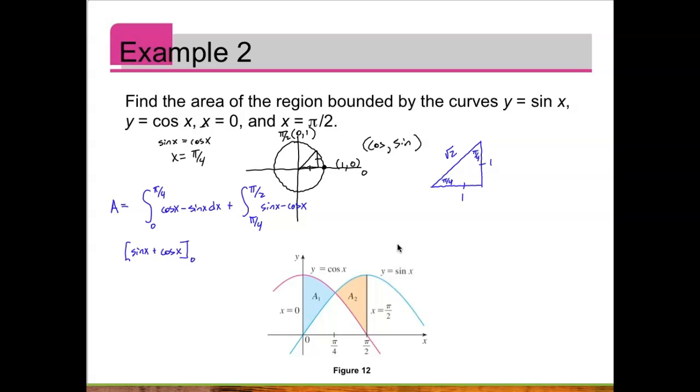And that's 0 to pi over 4. All right, and then the next one, plus antiderivative of sine, you just told me is negative cosine. And antiderivative of cosine is sine, so I'm going to get negative cosine minus sine from pi over 4 to pi over 2.